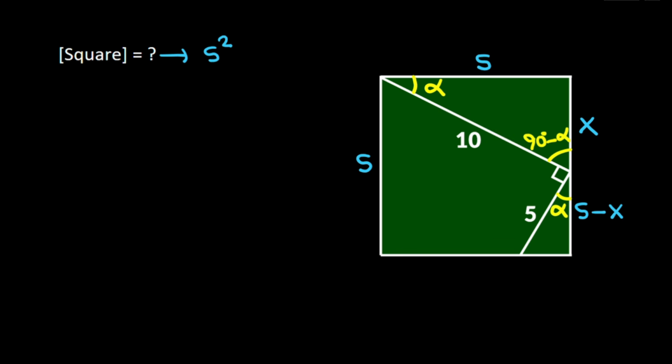Look at the hypotenuse. Top one is 10. Bottom one is 5. So the top triangle is exactly twice the size.